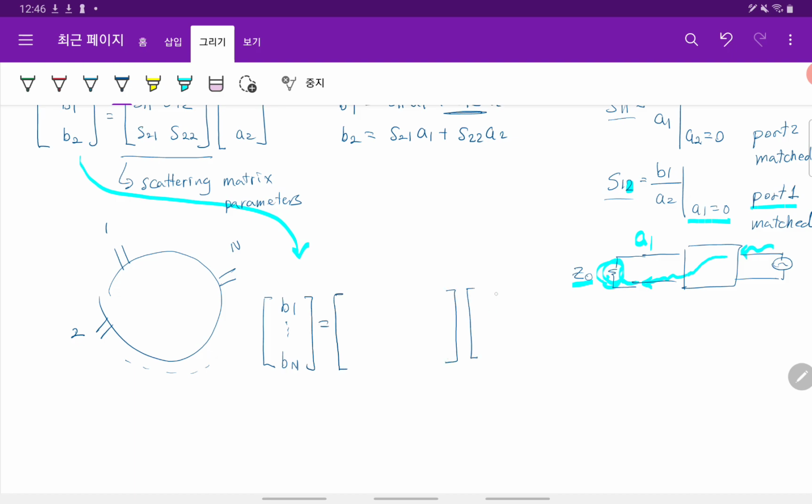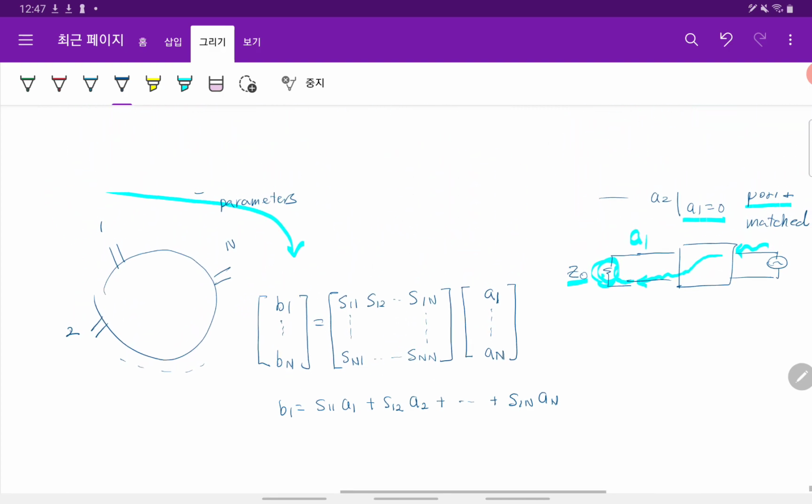A is the normalized incident voltage, B is the normalized reflected voltage, right? So S11, S12, S1n, then Sn1 to Snn, right? So B1 is S11 A1, S12 A2, S1n An.